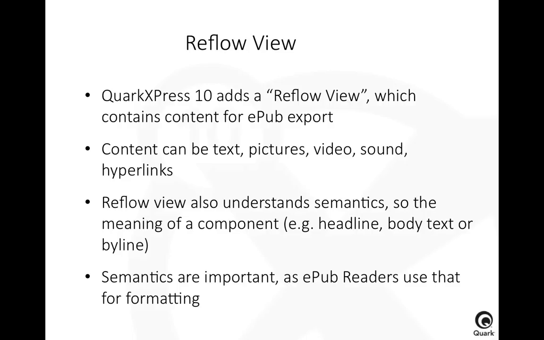An ePub or QuarkXPress, an electronic medium, needs to understand that. So you need to put that in. You probably already have done that using style sheets and naming of style sheets. And there's a very easy way of taking these style sheets and mapping them to the semantics. If you don't do that, styling of your ebook will be really strange. So you need to do that.